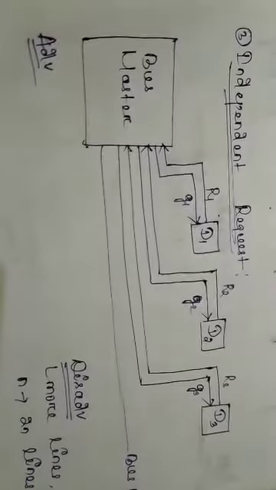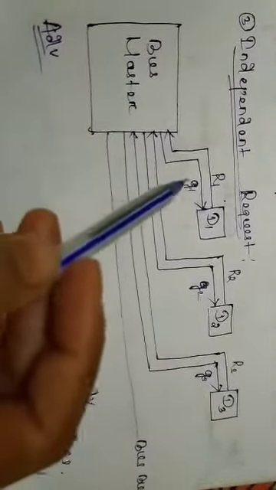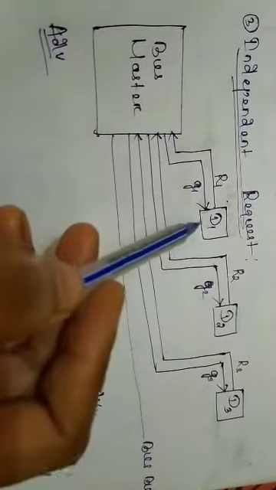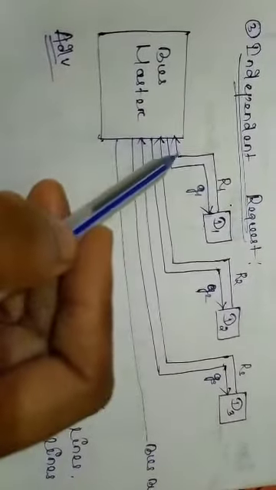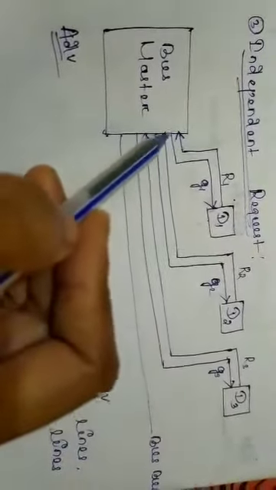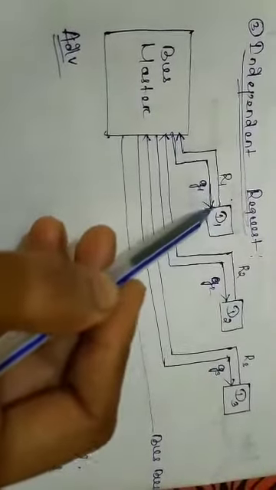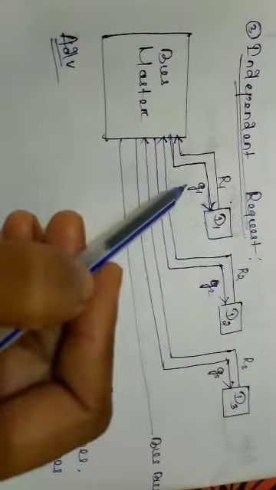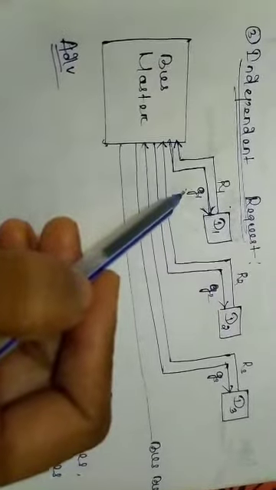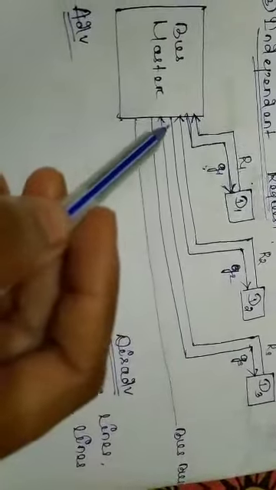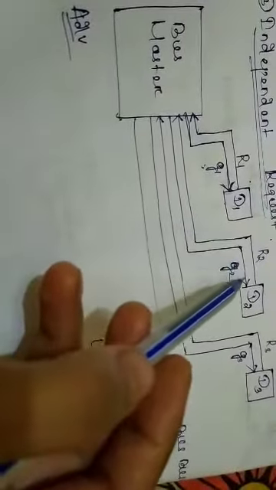So in the independent request mechanism, as you can see in the picture, each device will generate a bus request signal, and then the bus master will generate the grant signal. Okay, and it is basically done on a priority basis.